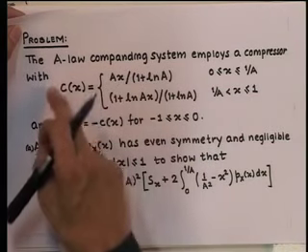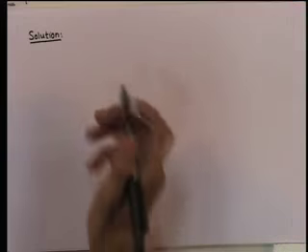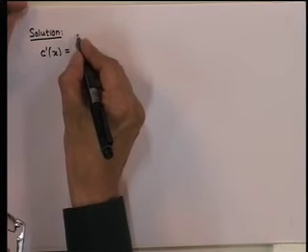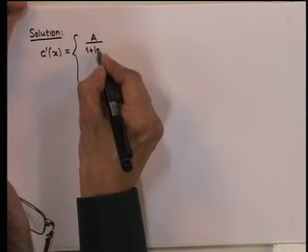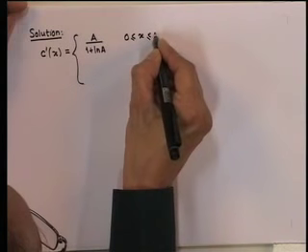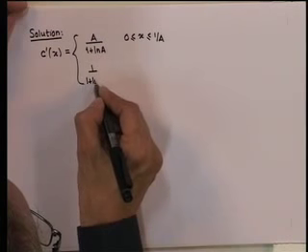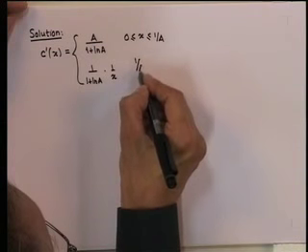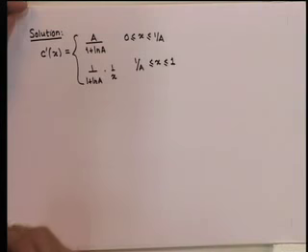So, the first step is to obtain the derivative of this compressor characteristic in the form of C dash x, which is equal to 1 plus log A for x lying between 0 and 1 by A, and is equal to 1 plus log A times 1 by x for x lying between 1 by A and 1.